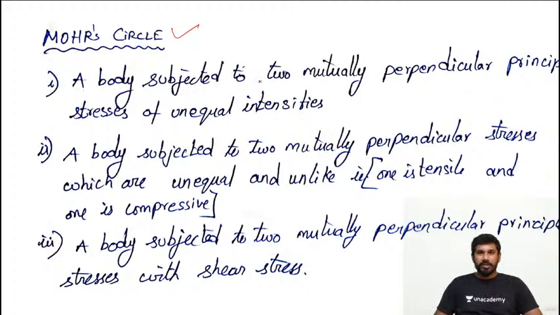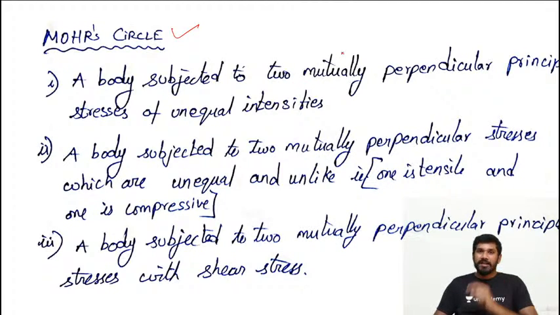When a body is subjected to two mutually perpendicular principal stresses of unequal intensities, then you can use a Mohr Circle. There are 3 conditions.